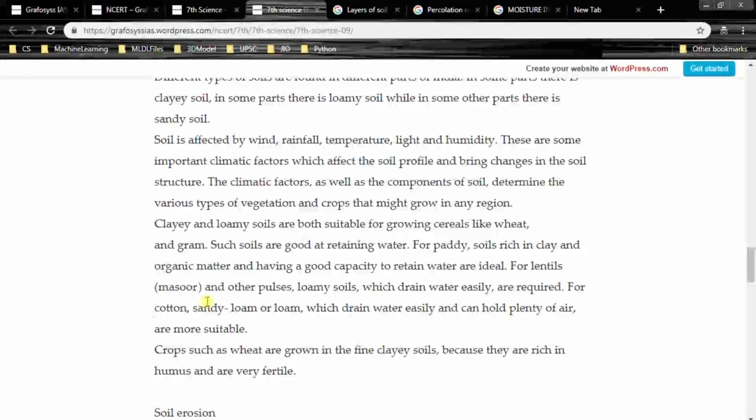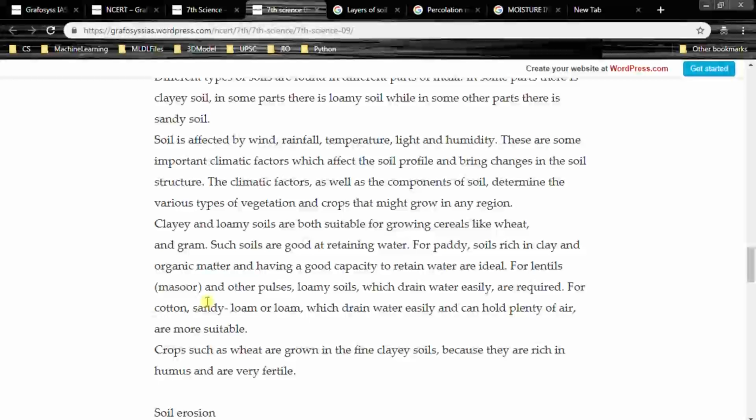The soil is affected by all these things like rainfall, temperature, light, humidity, etc. And these climatic factors are affecting the growth of vegetation and crops.